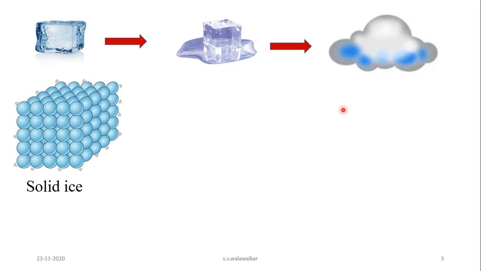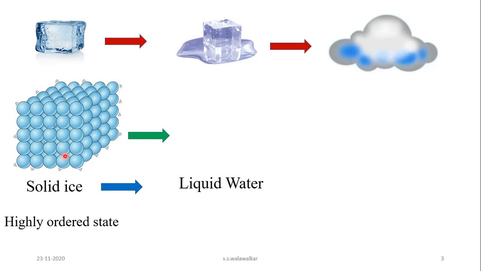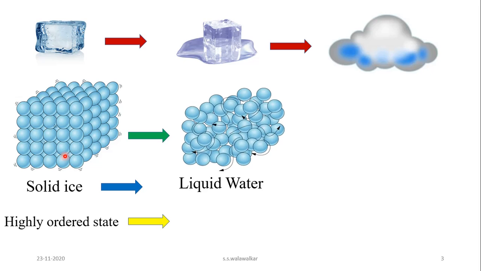Now see here in detail. In solid ice, the arrangement is like this. Molecules are arranged in a definite pattern, a definite fashion. An ordered arrangement is there. When it melts, this ordered arrangement gets converted into liquid water, and the order is disturbed.